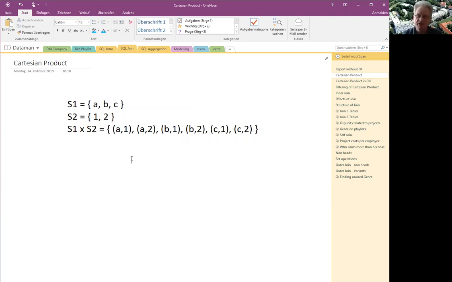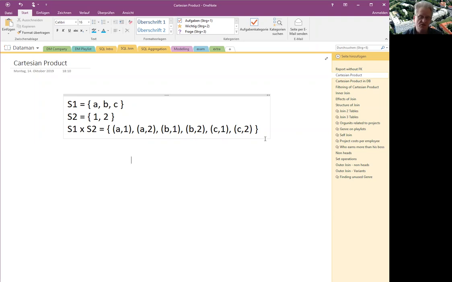And the Cartesian product is just the set of all pairs of S1 and S2. That means the set of all combinations of values from set S1 and set S2. You see A1, A2, then B1 and B2, C1 and C2.